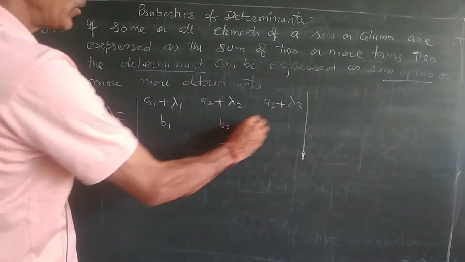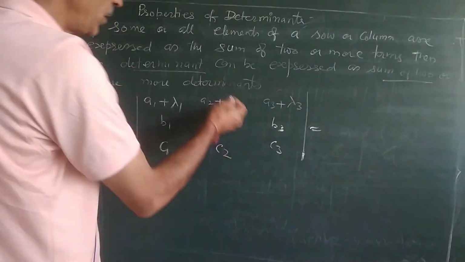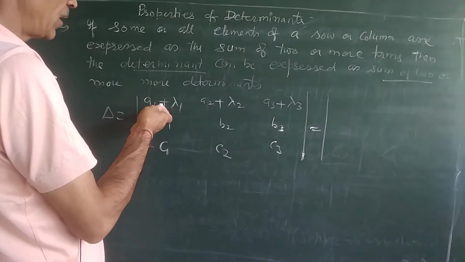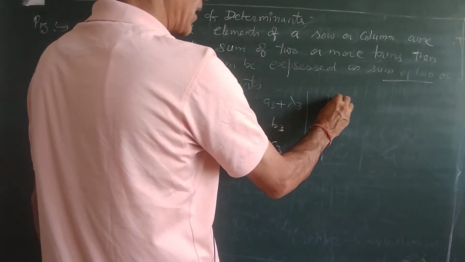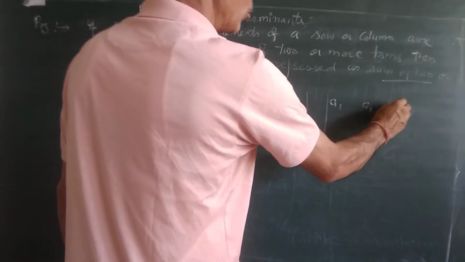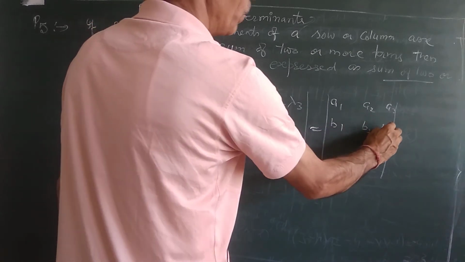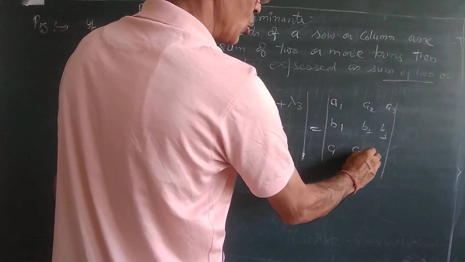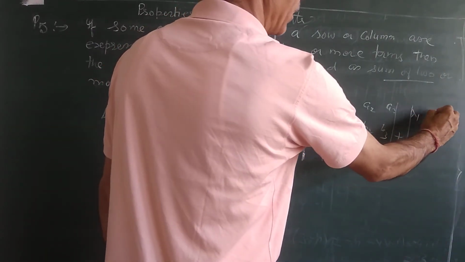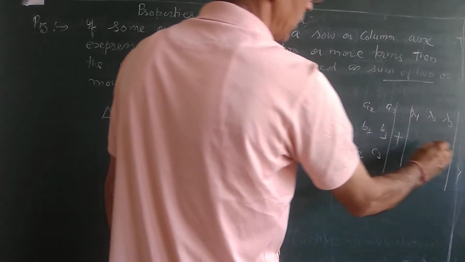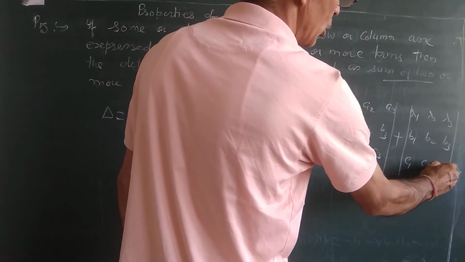Second row is b1, b2, b3, and c1, c2 and c3. Now there are two terms, so we can express this determinant as a sum of two determinants: first row a1, a2, a3, b1, b2, b3, c1, c2 and c3, plus first row lambda 1, lambda 2 and lambda 3, b1, b2, b3, c1, c2, c3.